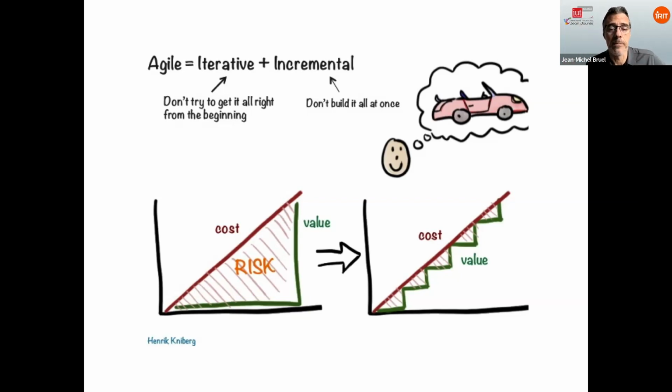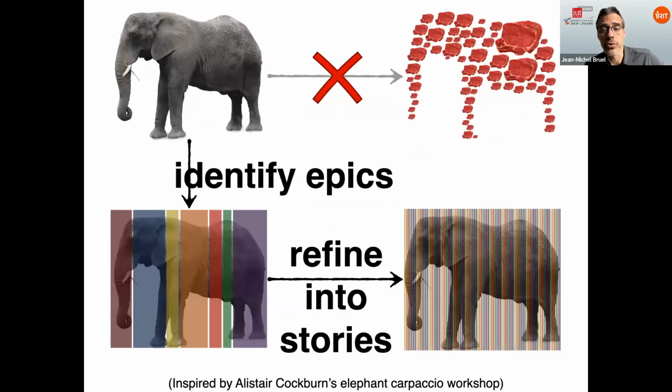This is the classical mantra of the good quality of the agile method. You iteratively and incrementally go in the direction of the future system.